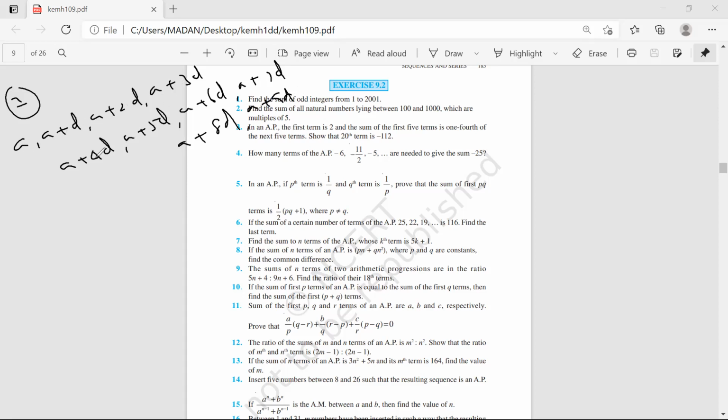Count: 1, 2, 3, 4, 5, 6, 7, 8, 9, 10, 10 terms.